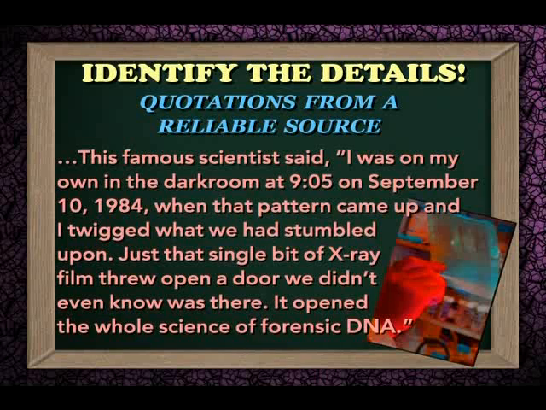You can tell because you can see the quotation marks that show the speaker's direct words. The entire bottom part of this paragraph is the speaker's direct words. This famous scientist said, "I was on my own in the darkroom at 9:05 on September 10th, 1984, when that pattern came up and I twigged what we had stumbled upon. Just that single bit of X-ray film threw open a door we didn't even know was there. It opened the whole science of forensic DNA."